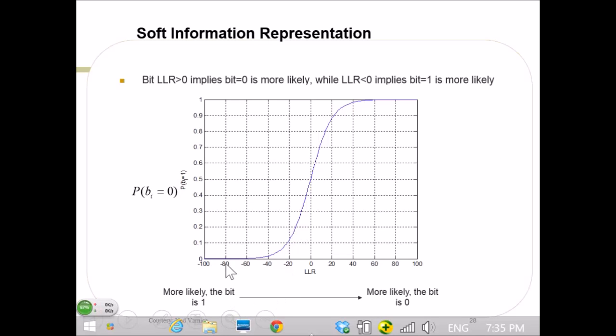And this is one example. Say I have an LLR of 100. What it means is the probability of the bit being 0 is 1, and if I have a -100, the bit being 1 is most likely. So depending on the probability, you get different LLR values. Instead of the probability, you have a real number here.